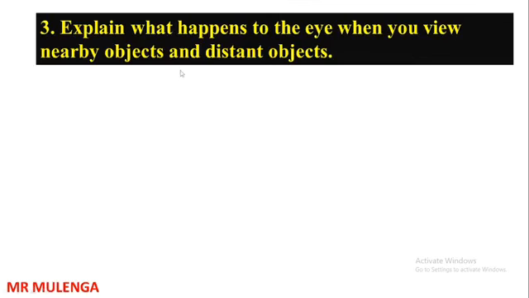So here we are actually just looking at the accommodation of the what? Of the eye. So accommodation of the eye is just the process of producing a focused image of near objects or distant objects on the what? On the retina.